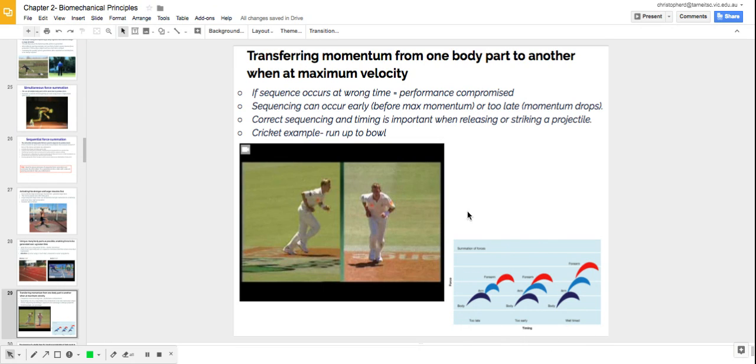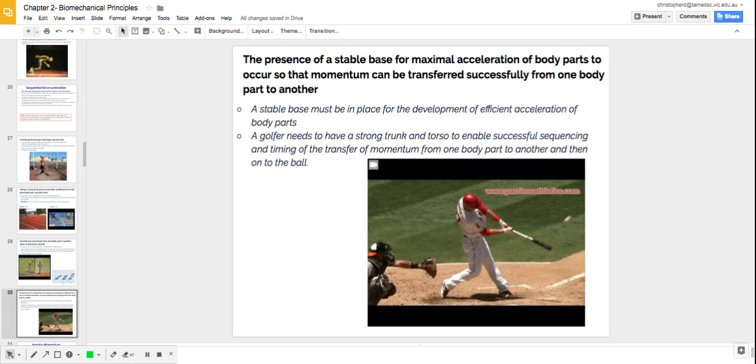Everything that happens occurs in the sequence and it's transferred from one to another at the correct time or maximum velocity. The presence of a stable base is needed for maximal acceleration of body parts to occur so that momentum can be transferred successfully from one part to another. Think about our baseballer here, they need to have a stable base to generate the acceleration.